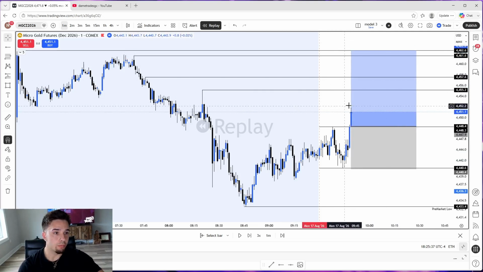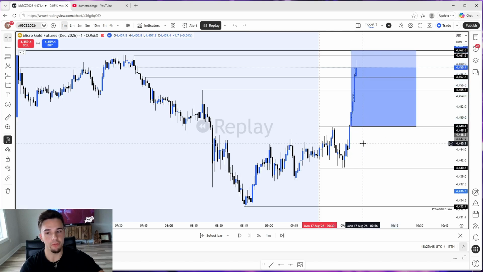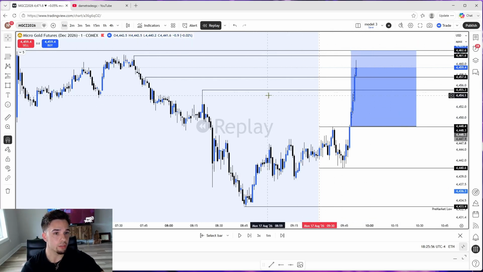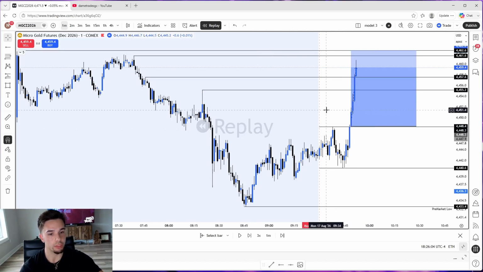But most important, once the first draw on liquidity is taken, what you need to do first and foremost is put your stops at break even and protect the rest of your trade. If you did want to run and target all of these low resistance highs, as soon as the first draw on liquidity is taken, put those stops at break even, mitigate your risk, take your risk off the table, and enjoy the rest of your profit.